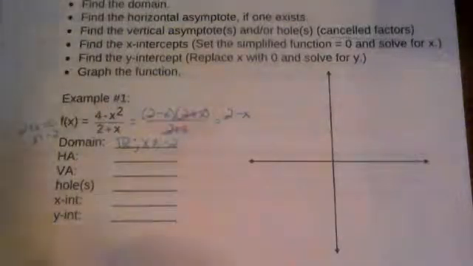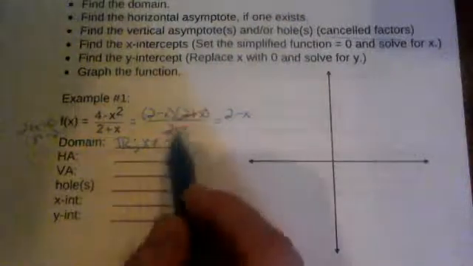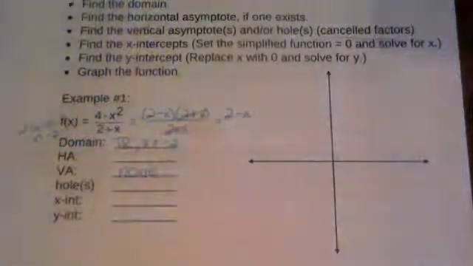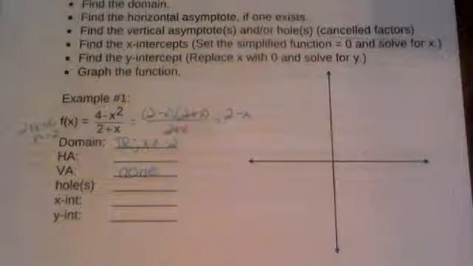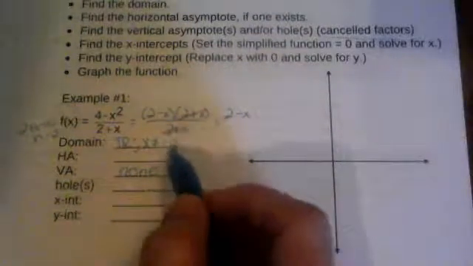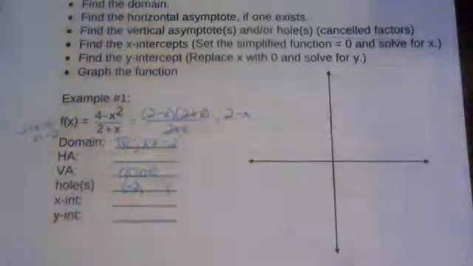When that happens, when it reduces out, it is not a vertical asymptote. So in this case, there is not going to be a vertical asymptote because that denominator went away and it divided out that only factor that would have given us 1. And the place where it divided out was at negative 2. That negative 2 is actually just a hole in the graph.